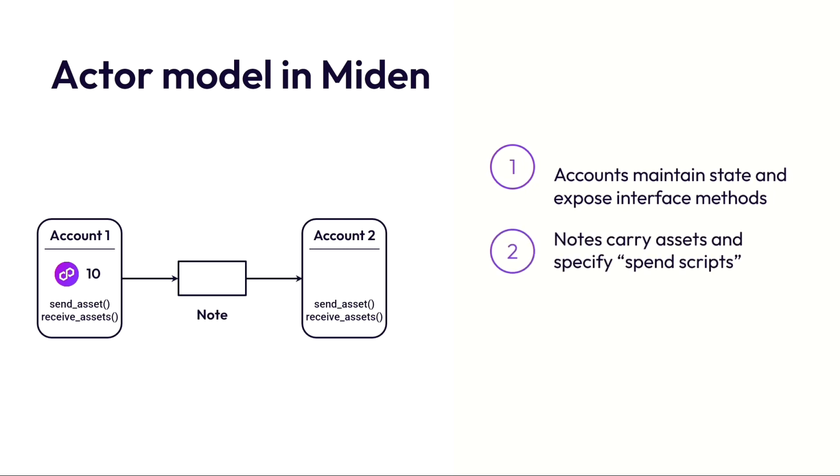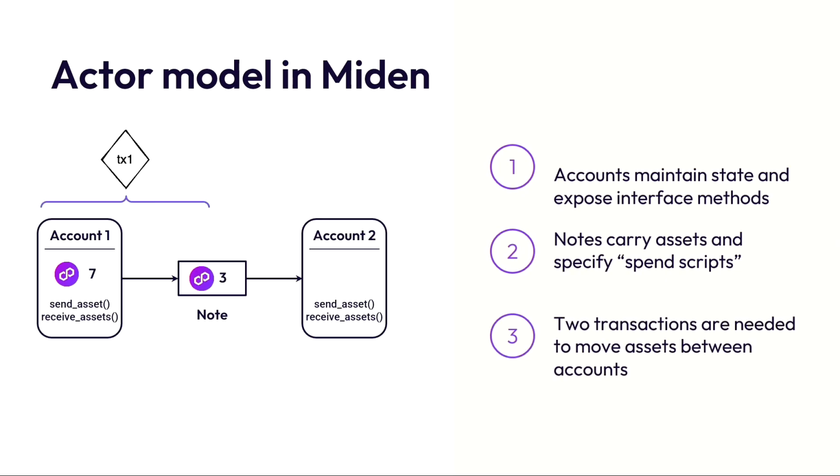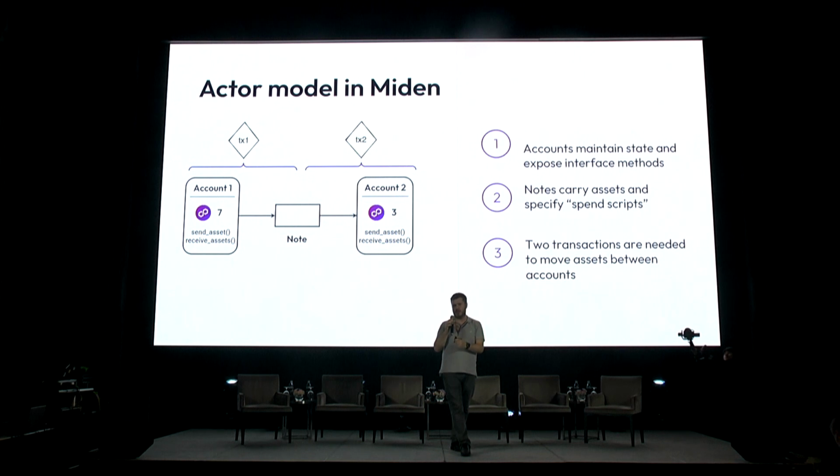The way they communicate with each other is that they produce these notes, which carry assets, and they also have spend condition scripts that you need to execute to consume a note. A simple transfer in Miden, for example, would actually take two transactions. The first transaction would take assets from the account, put them in a note, put some spend conditions on that note, and then the note would be recorded on chain. Then the second transaction would consume the note and move assets from that note into an account.